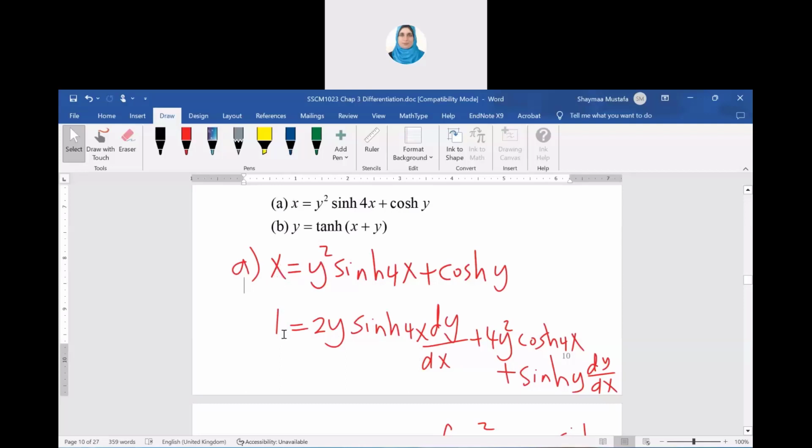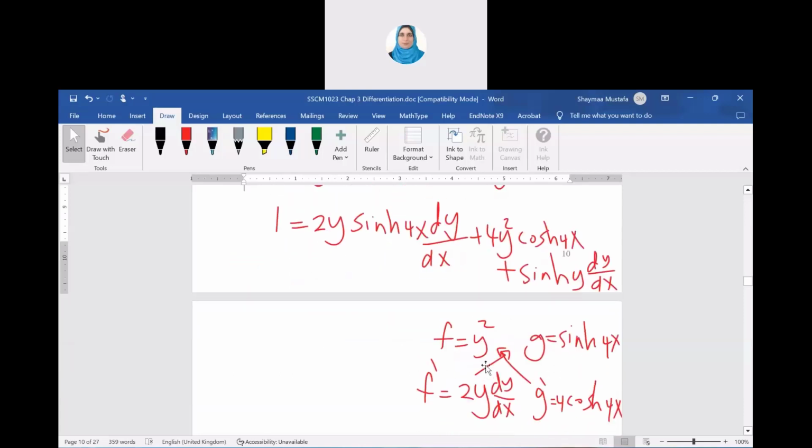So the derivative for x is 1, equal to, here I have a multiplication between two functions. The derivative for y squared is 2y dy over dx, I have to multiply by dy over dx because the variable is y. Sine 4x derivative is cosine 4x multiplied by 4. Since the variable is x, no need to multiply by dy over dx.